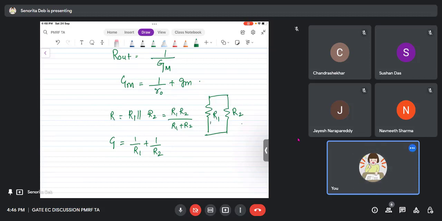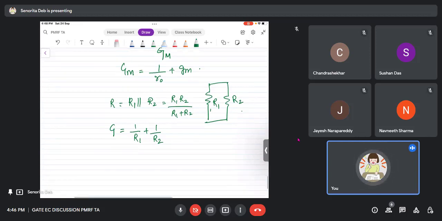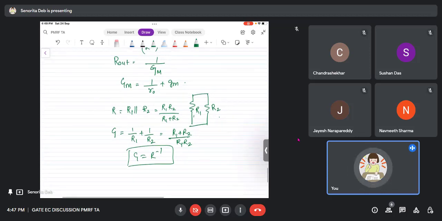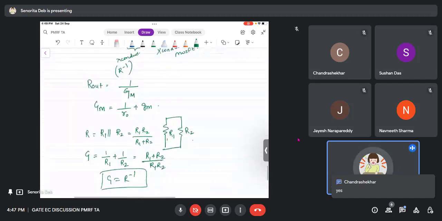Transconductance of R1 and transconductance of R2 get added, and that will be the total transconductance. So resistances in parallel give the parallel combination, and transconductances in parallel add up. This is from network theory, right? This is basically the inverse of R, so G equals R inverse. Is this clear? I'm taking it that you guys have this concept.